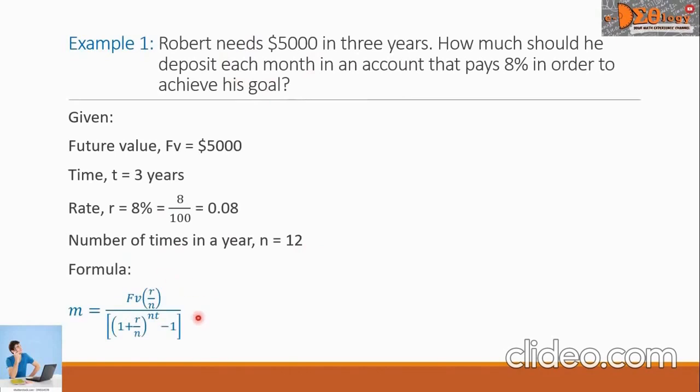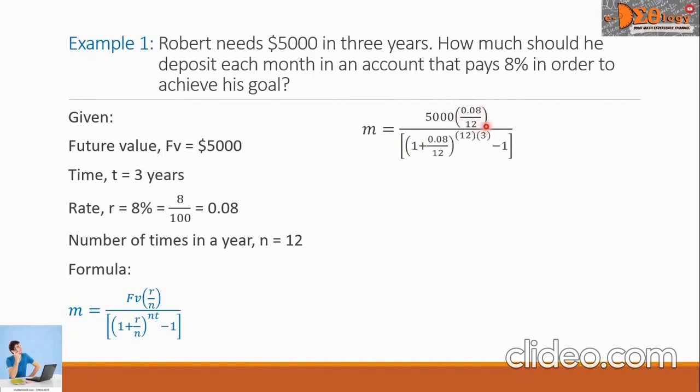Our big formula is written here now. So let us do the substitution. So we can see here that M equals, in our numerator, FV is now 5,000 multiplied to the fraction R over N, 0.08 over 12.